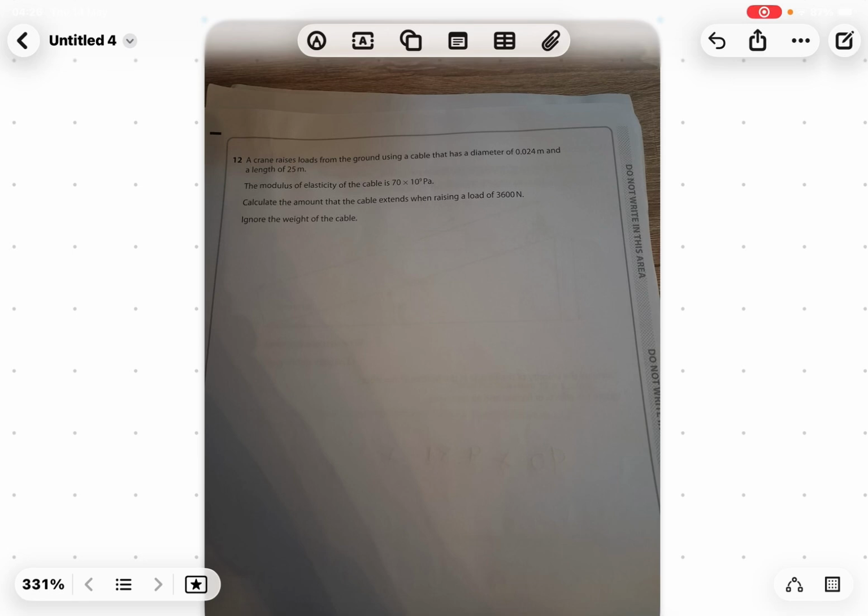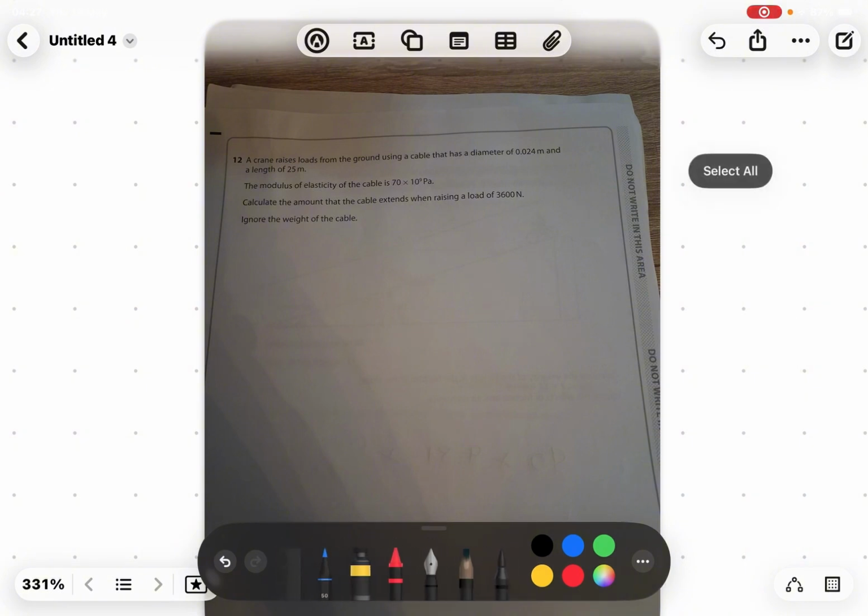Now this is the one that I literally didn't even do. Okay, let's think. Calculate the amount the cable extends when the load is applied. The extension is this symbol, basically the difference in length. First of all, it gives us how to calculate the area.